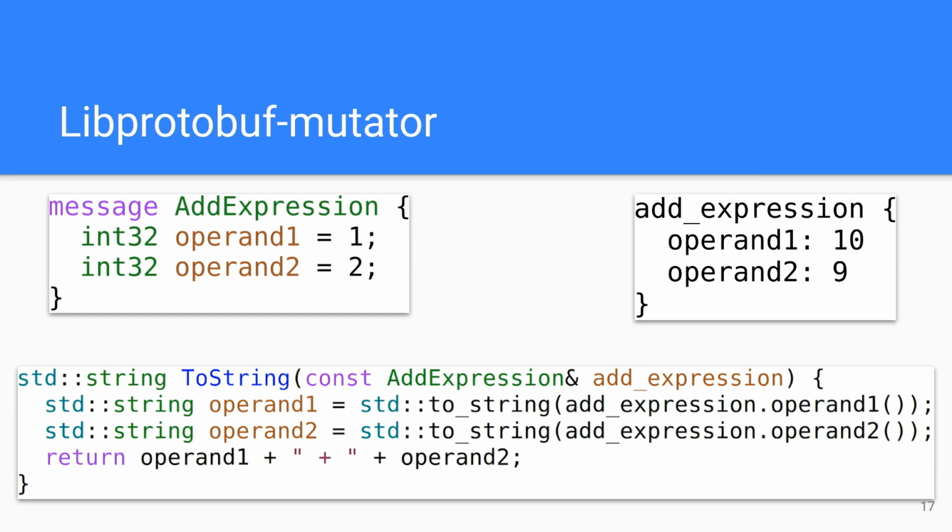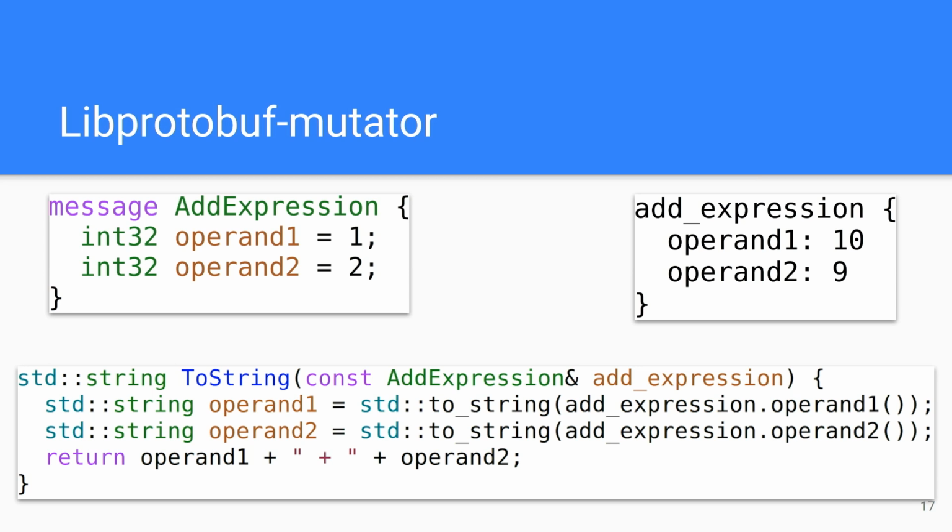libProtobuf Mutator is extremely effective, and actually all of the fuzzers that I've covered today have used this technique. This includes everything from the Skia fuzzer to the AppCache fuzzer, which was used in an exploit that had a sandbox escape and everything, completely owning Chrome with the vulnerability found by the AppCache fuzzer.